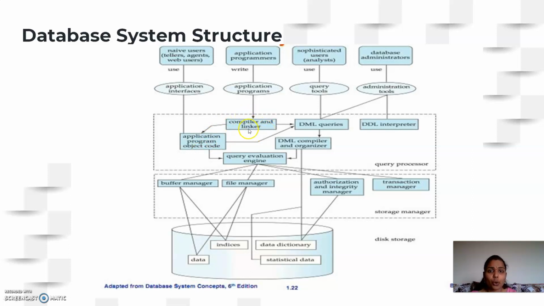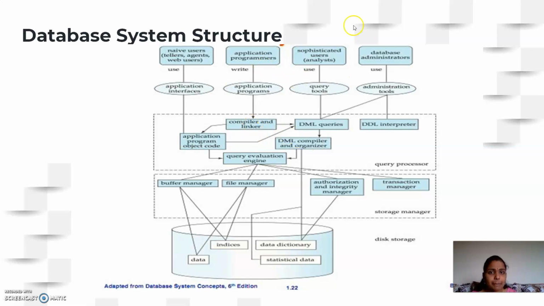Similarly, in your program there could be some DML operations also included. As I already told you, to communicate with the database, these application programmers have to embed SQL statements in the program itself. The DML queries are given to the component of the query processor called the DML queries, from which these sets of queries extracted from the application program are given to the DML compiler and organizer.